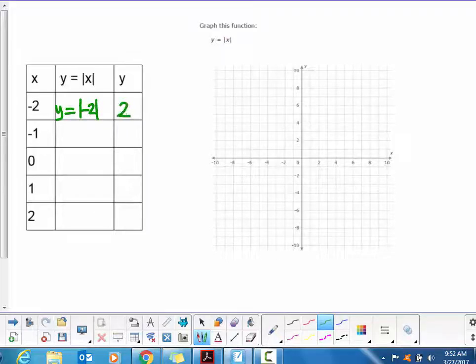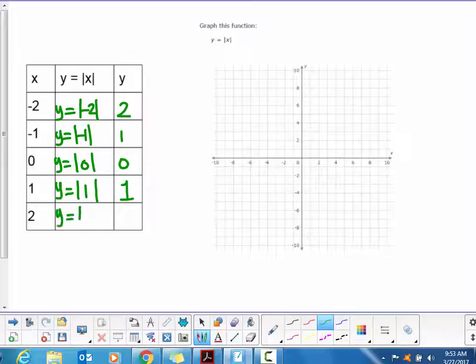When x is -2, the absolute value of -2 is +2. So when x is -2, y equals +2. When x is -1, the absolute value of -1 is +1. When x is 0, the absolute value of 0 is 0.